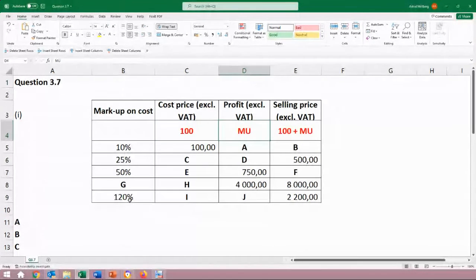Because we have different markup percentages here, I just wrote your markup referring to this column. And then the selling price is your 100% for your cost plus your profit percentage, which is up here. That gives you a selling price percentage. So this is your starting point to help you navigate getting to the answer.